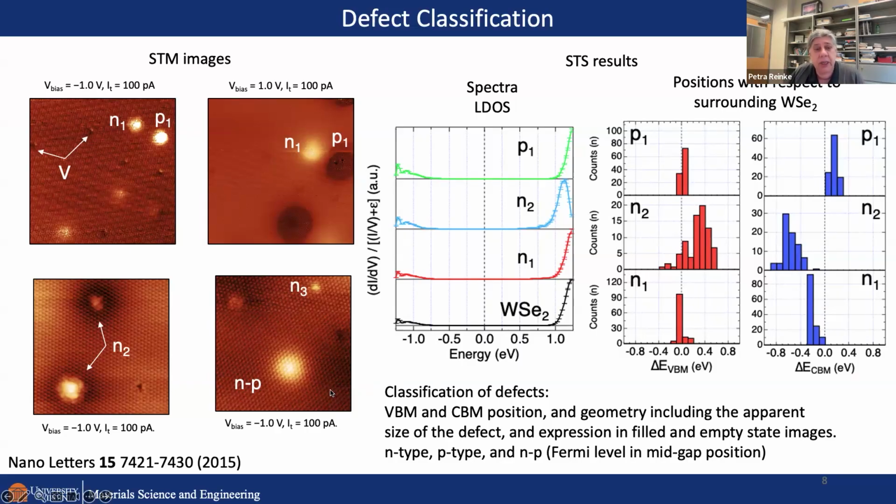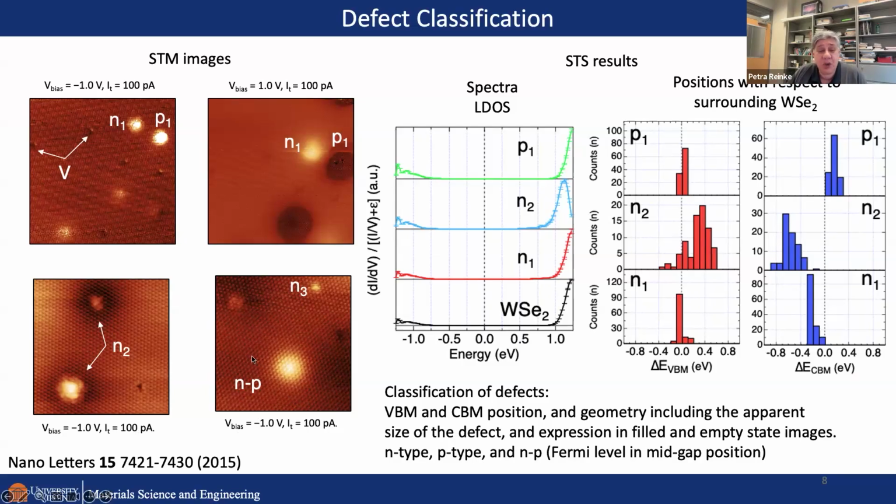degradation of the material. And one of these is this NP-type defect, which is electrically neutral. So your Fermi level is essentially in the center of the gap, but you can still figure out very nicely the structure of the TMD in that image, but you know that your apparent height changes, so this is most likely a selenium cluster which is buried beneath your first layer here.